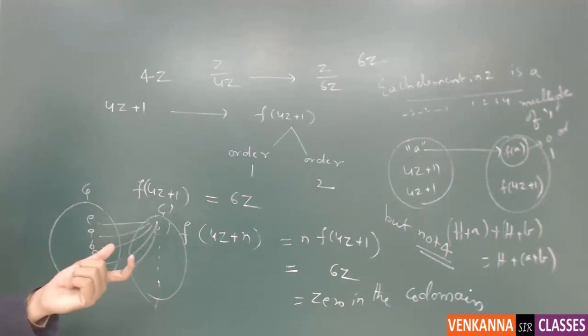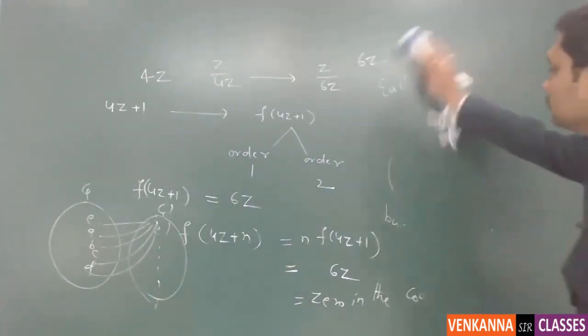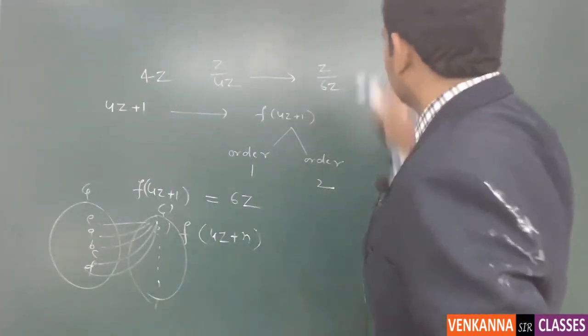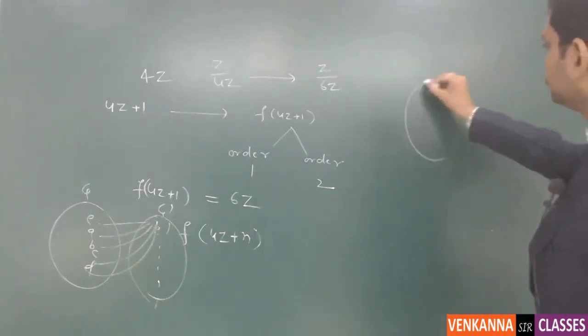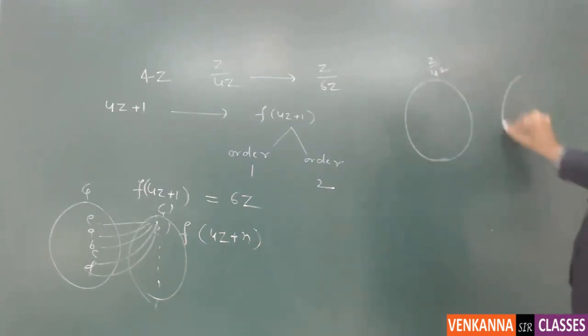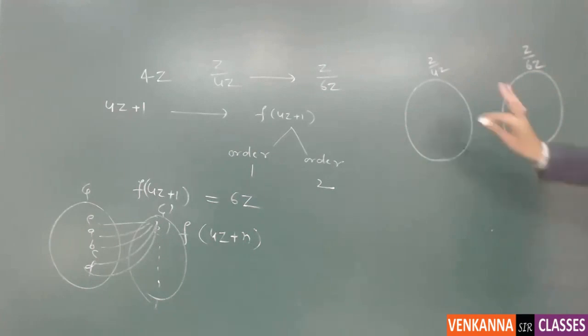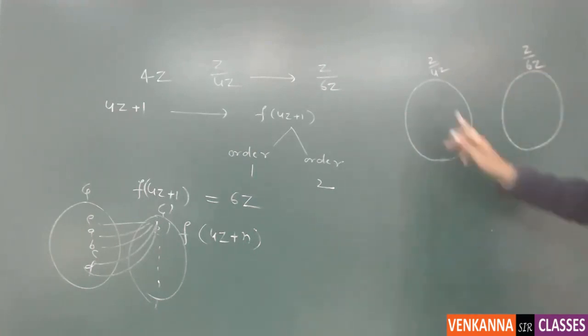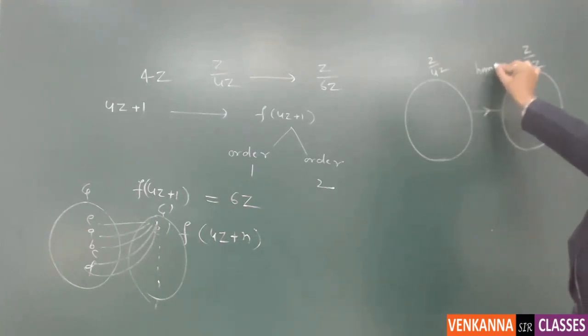Can I recap the thing again? I will say that. Just give me a moment. The whole idea for this problem is you are going to build a homomorphism between these two.